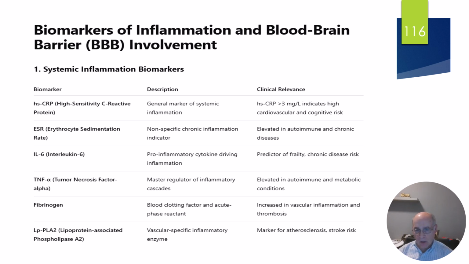TNF alpha, it's a master regulator of inflammation. Fibrinogen, which I certainly encourage you more and more and more to do in your practice because it's a blood clotting factor.